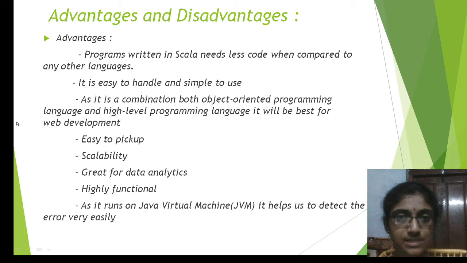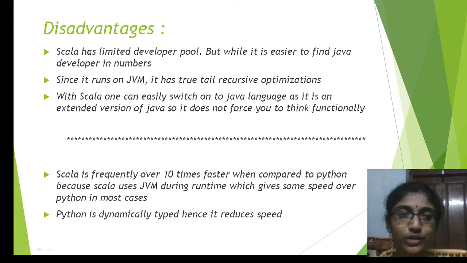We already discussed this before. And later on, it is easy to pick up, has scalability, is great for data analytics, highly functional, and mainly, Scala runs on the Java Virtual Machine (JVM), so it helps us detect the code, detect errors very easily. And later on, these are the disadvantages.